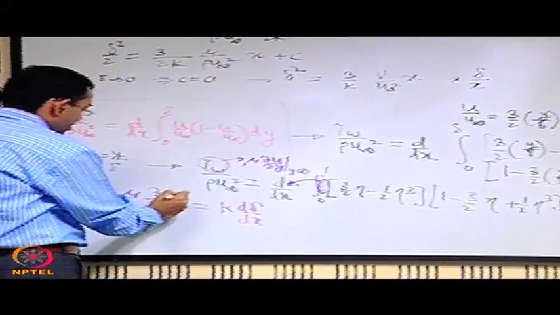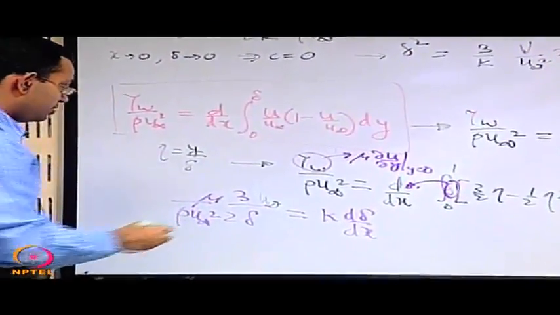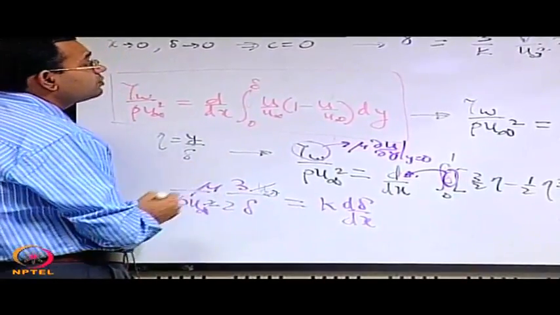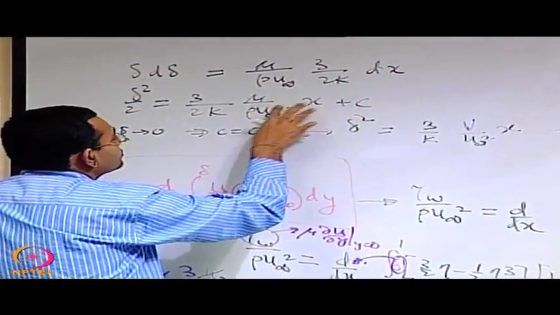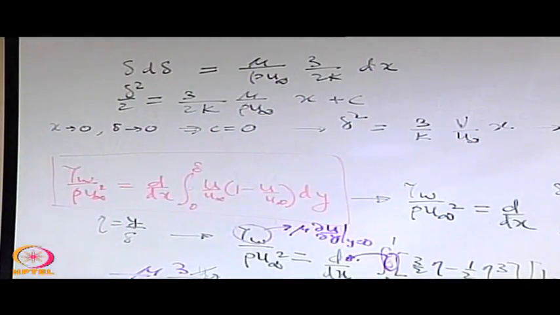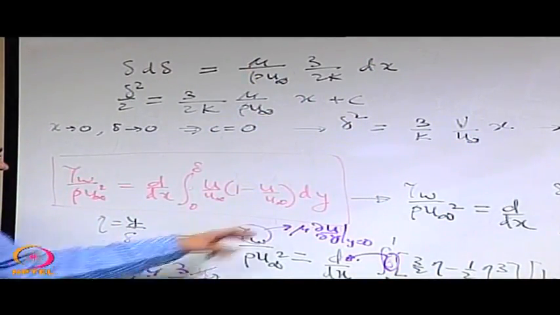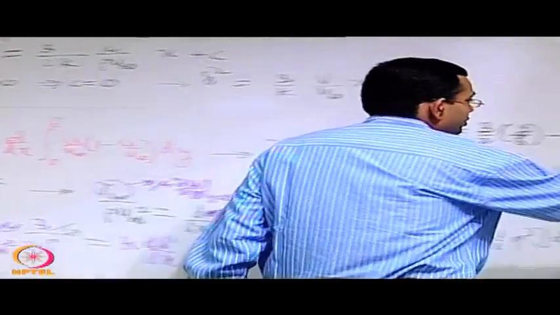That is one u infinity we have missed. So this u infinity and this u infinity will cancel, so eventually we will have only one u infinity here. For the evaluation of the tau wall there was one u infinity here, so that has to be there.